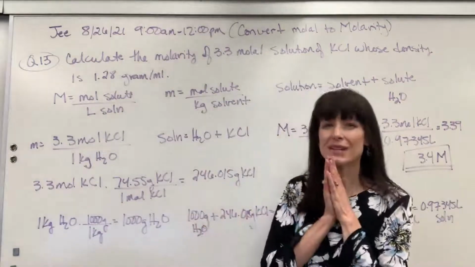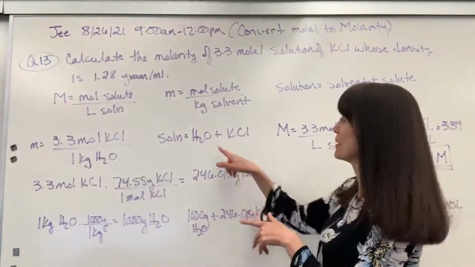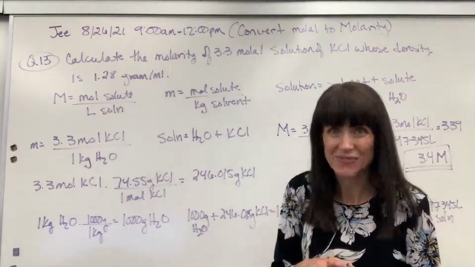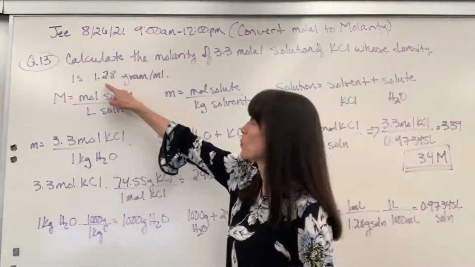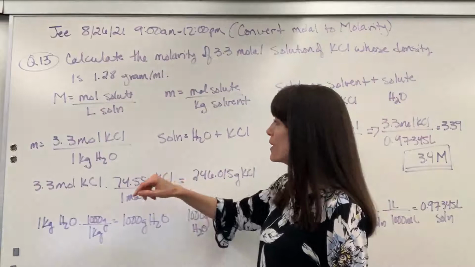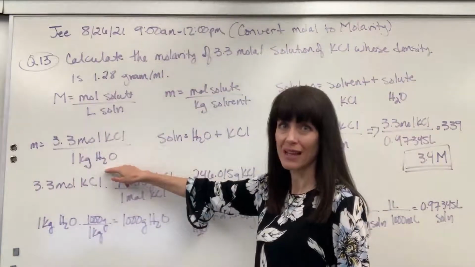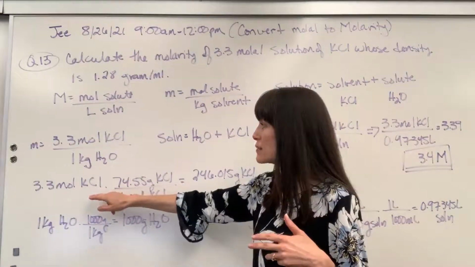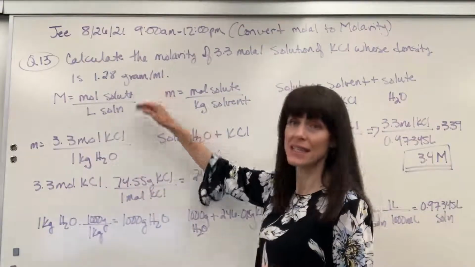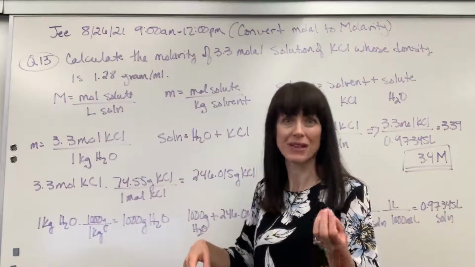Okay, so again, liters of solution, that's going to be the water and the KCl. Well, they gave us the density. They gave us the density is 1.28 grams per mL. Well, if I know kilograms of water, let's just find the grams of the KCl. We'll add the grams together and then use density to find the milliliters, to find the volume.